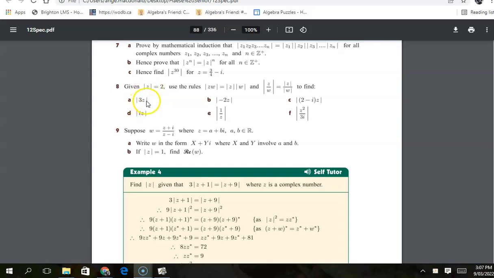Anyway, so we can split this up, okay? This would be the modulus of 3, which is just 3, times the modulus of z, and the modulus of z is 2, so 3 twos, bang, it's 6. This one, split it, it's going to be the modulus of minus 2 times the modulus of z. Once again, what is the modulus of minus 2? 2.